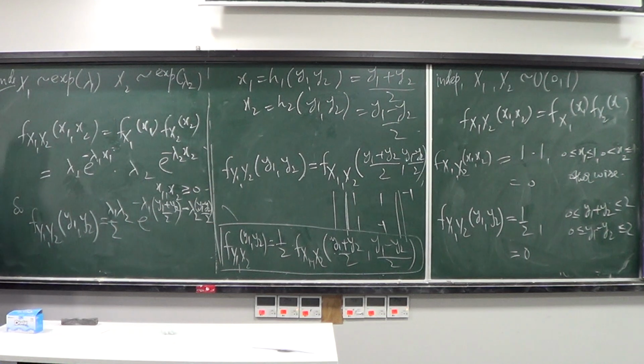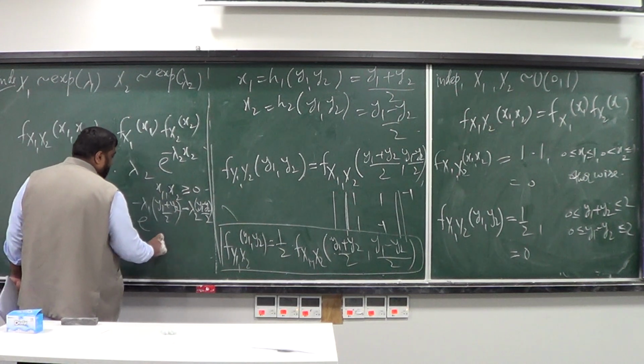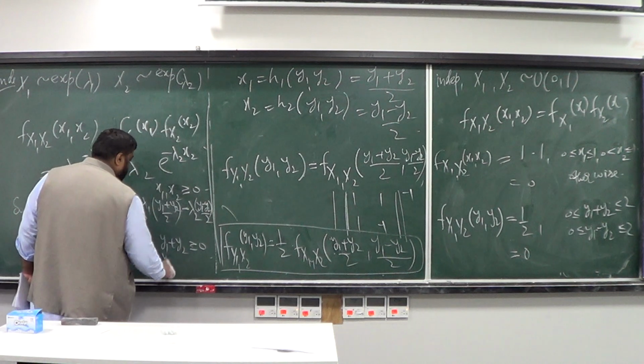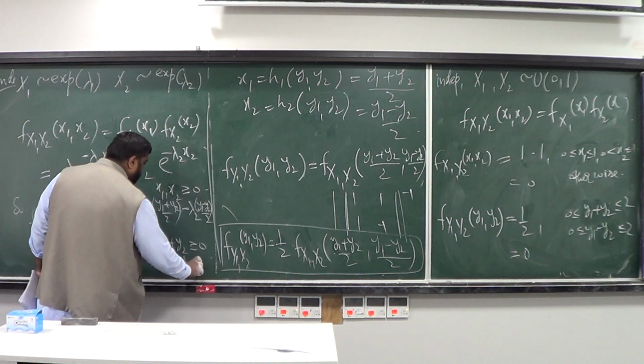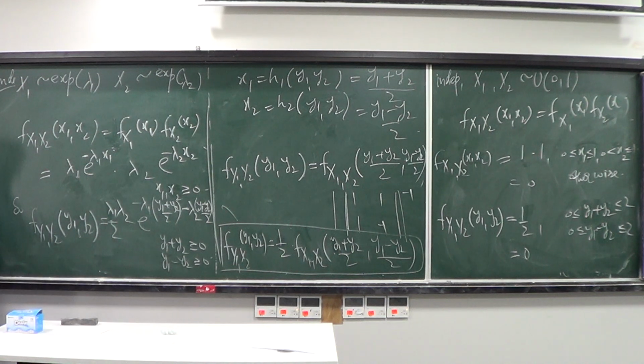So this is the joint PDF of two exponential random variables, where y1 is the sum of two exponentials and y2 is the difference of two exponentials actually. And obviously x1 and x2 greater than or equal to 0 means y1 plus y2 is bigger than or equal to 0, and y1 minus y2 is bigger than or equal to 0. So these are the two constraints that it should satisfy.